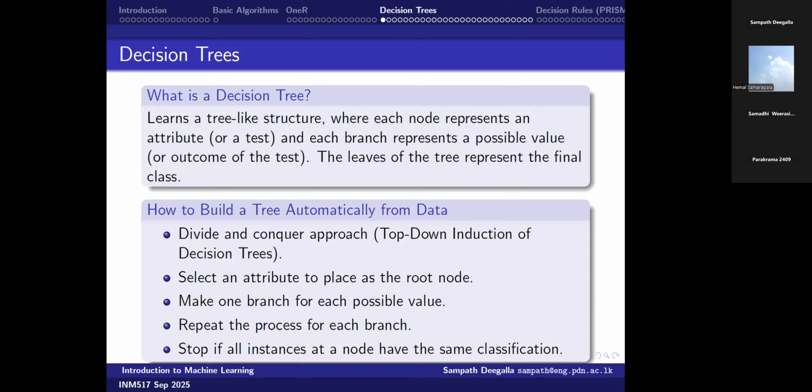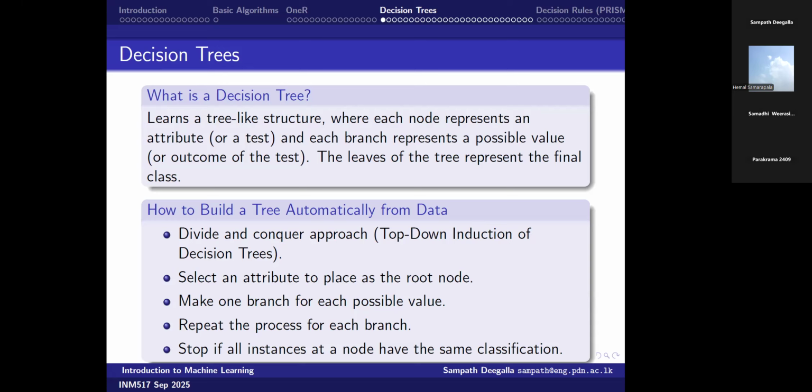So how do you build this? There are many ways of building this, but the quite commonly used technique is called divide and conquer, or what we call top-down induction of decision trees. So basically, given a data set, it goes through each and every attribute and selects a best attribute. You select an attribute to put in the root node as the top of the tree. And once you put in the root node, then you will get the branches.